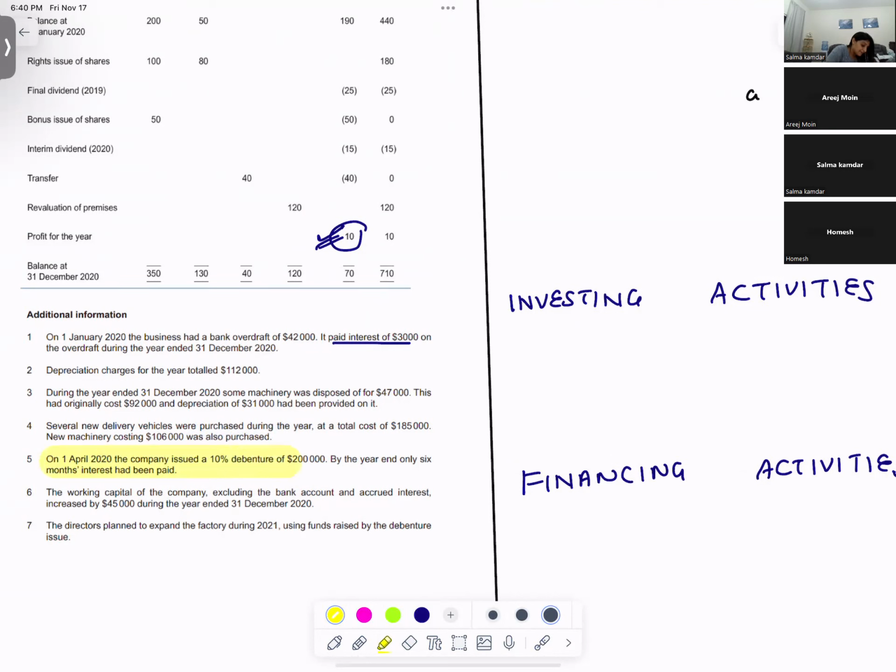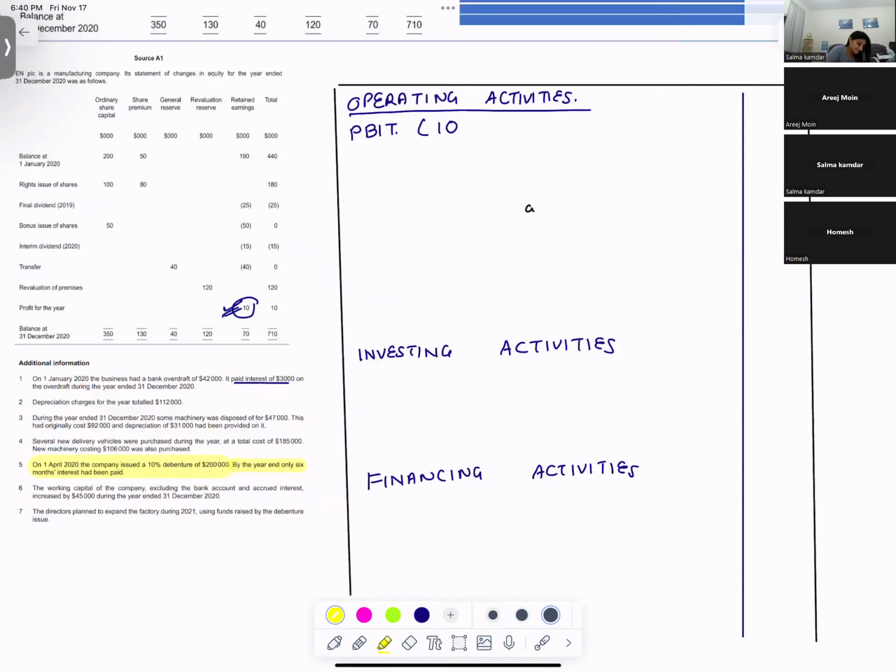The company issued 10% debentures and by the year end, only 6 months interest has been paid. So this was 3,000 interest. There is no tax. The company has issued 10% debentures, so 10% of 200,000 is 20,000.